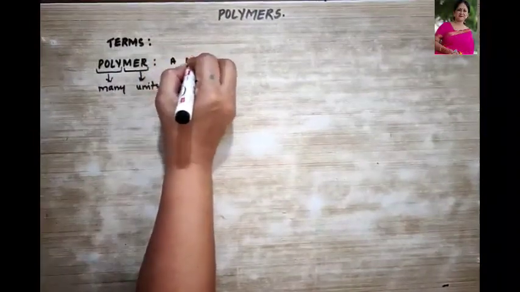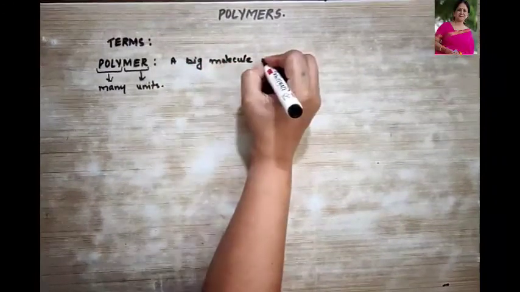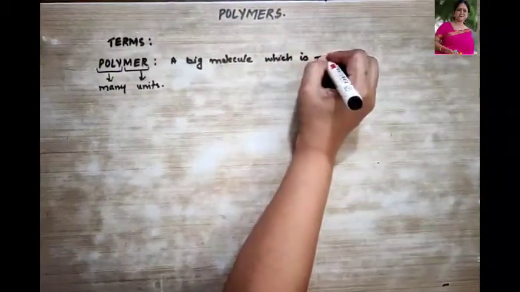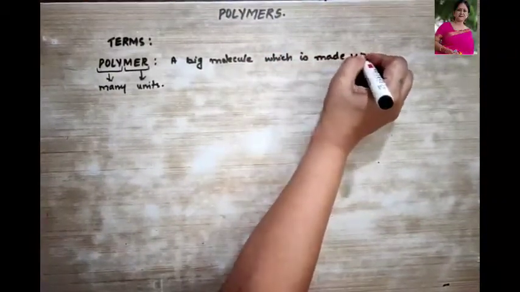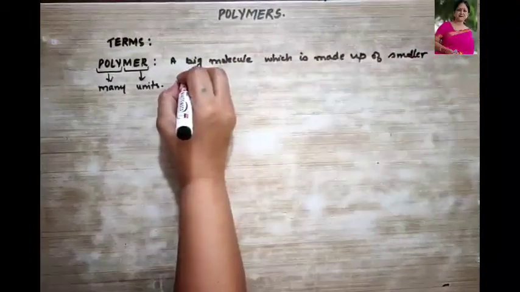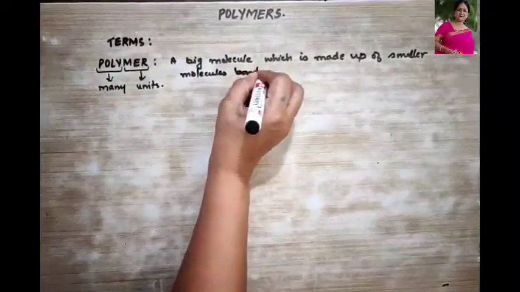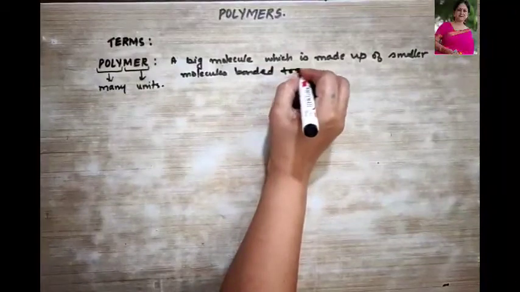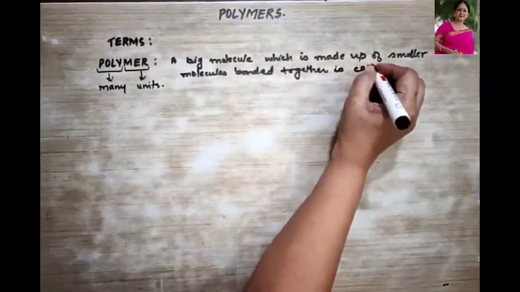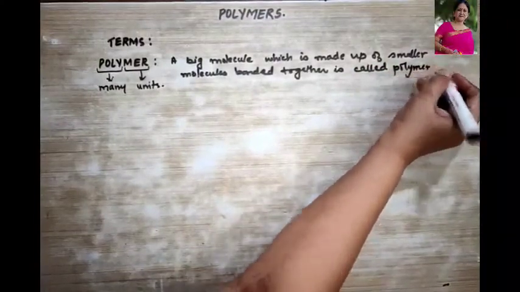So a big molecule made up of smaller molecules bonded together is called a polymer. Clear?